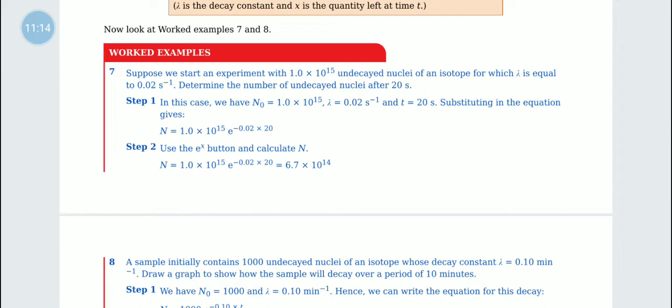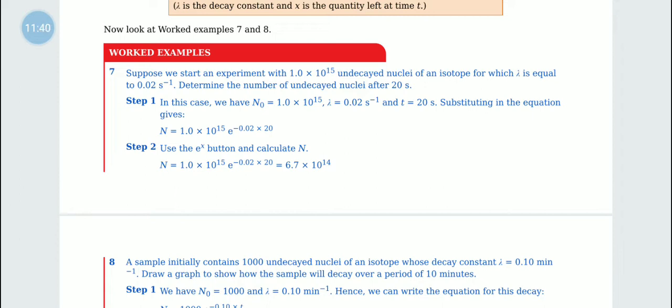They have given the number of undecayed nuclei, N0 equals 1 into 10 to the power 15, lambda 0.02 per second, and t has been given as 20 seconds. If it was given in minutes, you have to convert that into seconds.